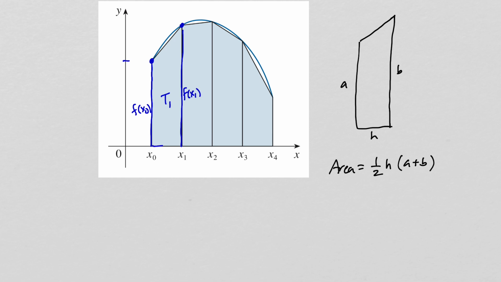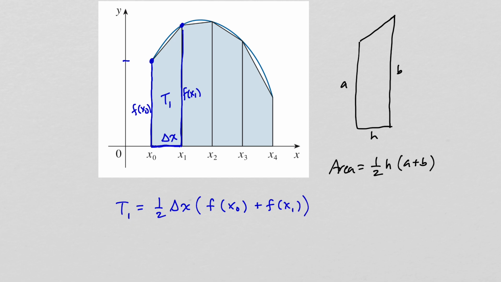And then the distance between x0 and x1 is what we call delta x. And so the area of that first trapezoid, which I'm going to call T1, is going to be 1/2 times delta x times f of x0 plus f of x1.